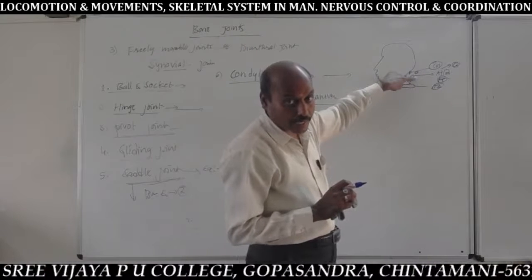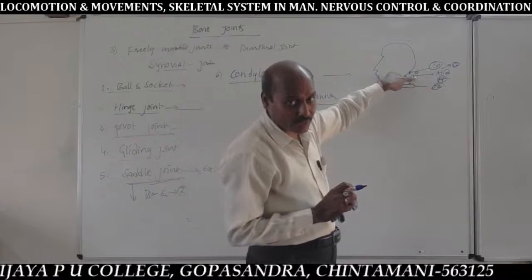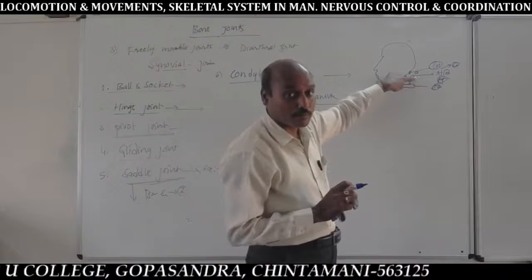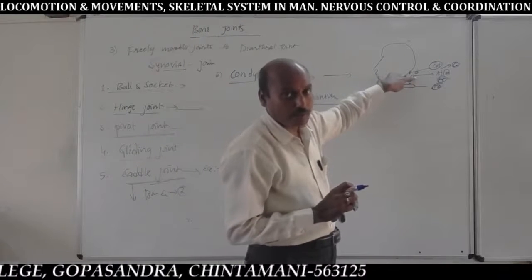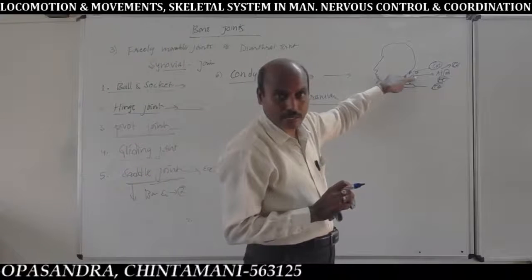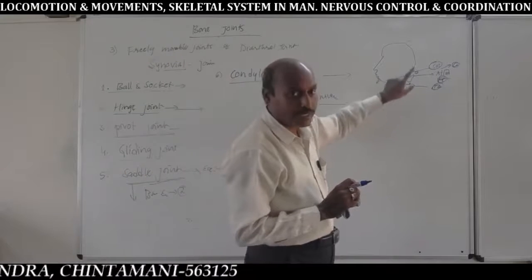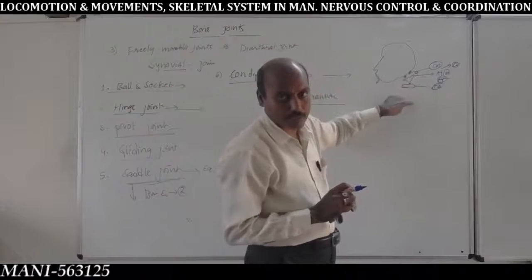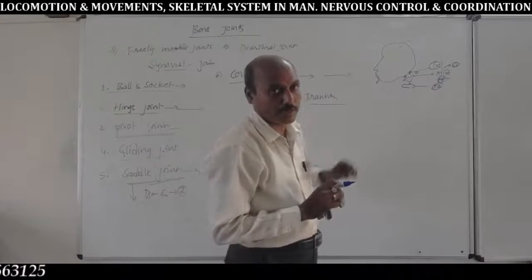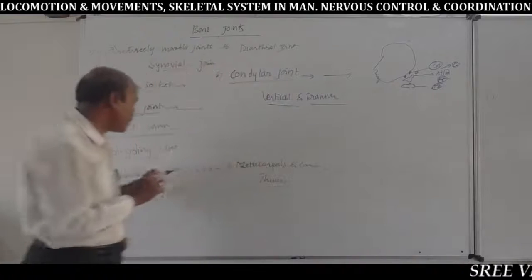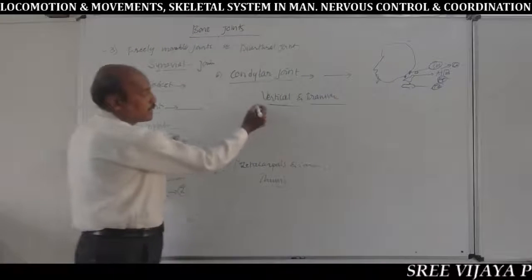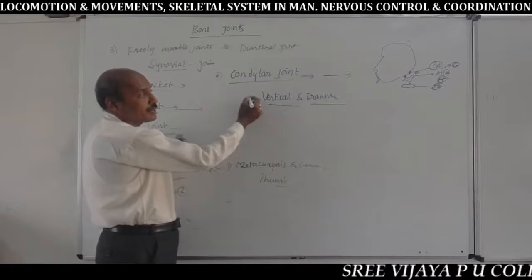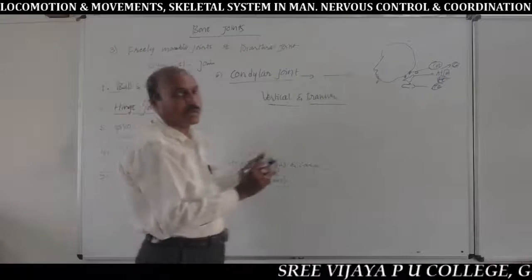And what kind of joint shows the movement when we say the answer no? That is the hinge joint present between atlas bone and axis bone. That is the good example of condylar joint in between occipital condyles and atlas bone.